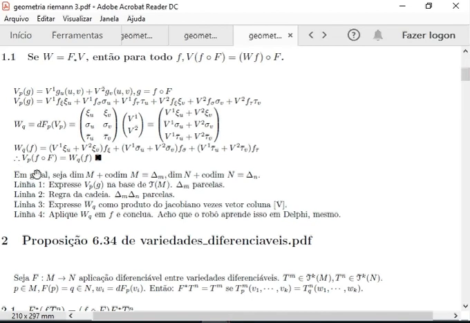Therefore, V_P of F circ big F is equal to W_Q of F.